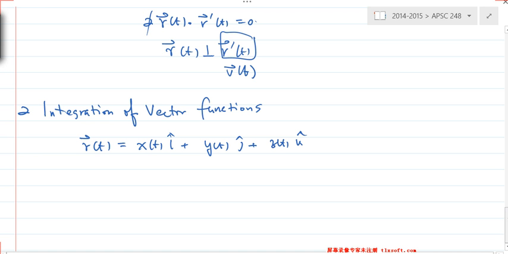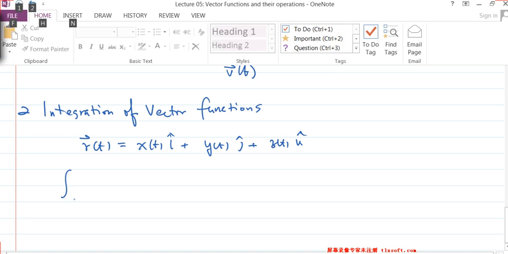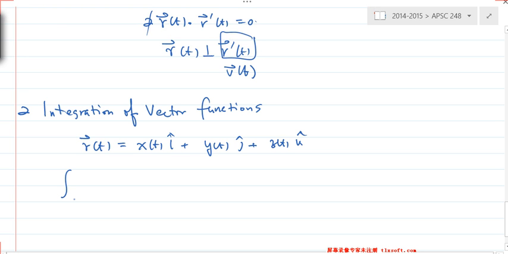Okay. So now we are going to integrate. When you integrate, we know that there are two different integrals: a definite integral or an indefinite integral. So let's just use this one here, the integration of this r of t. Very simple. Instead of integrating it as a whole, you end up doing the integral for each one of the components here.